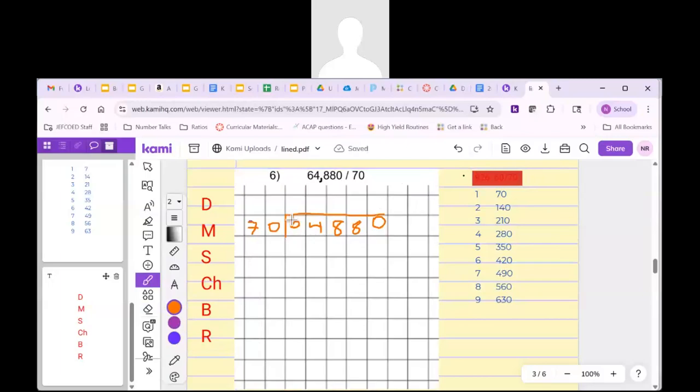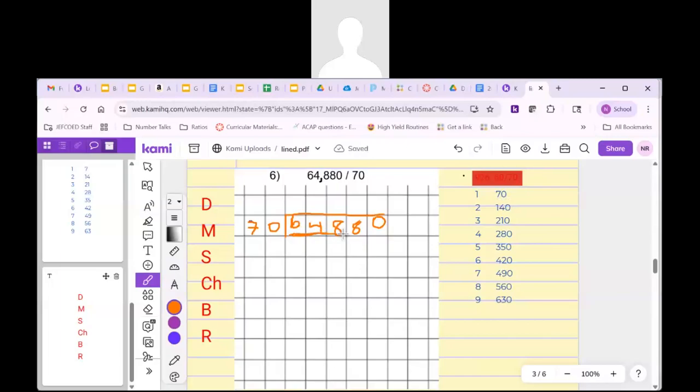First number here is a 6. So I want to say, can I get a group of 70 out of just 6? No, certainly not. So I'm going to keep going over. Can I get a group of 70 out of 64? If I'm not sure, y'all look. Do you see anything less than 70 over here? No. So that would be a no. You cannot.